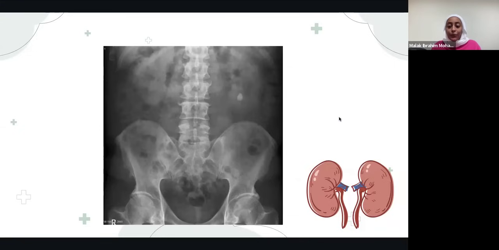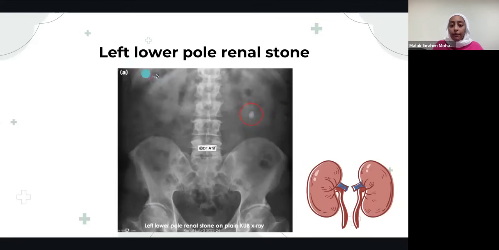Yes, it says a calculus, but where is this calculus? Perfect, and the person that said left kidney, perfect. Because you always have to say right or left. You can't just tell them there is a calculus in the kidney; which kidney is it? So you always have to specify. Basically this is a kidney stone found in the left lower pole. This is the kidney, and this is the stone here, in the left kidney, like you guys mentioned.